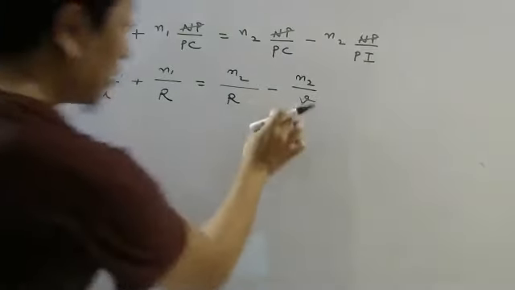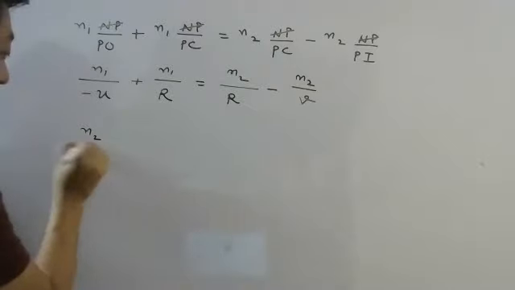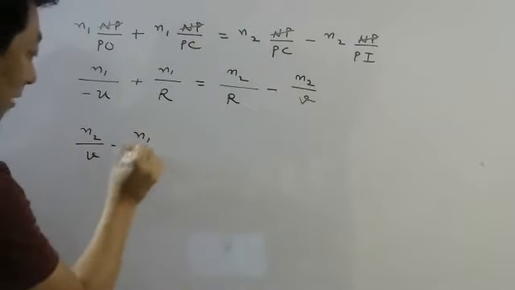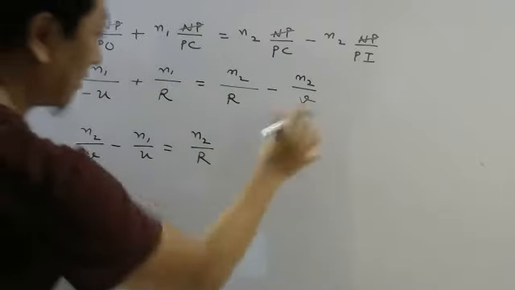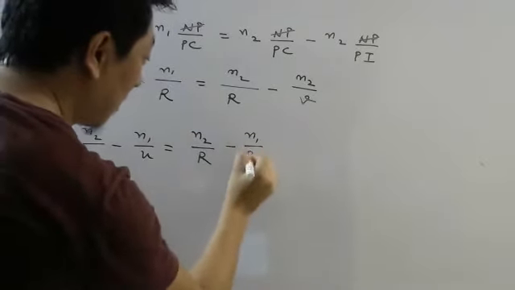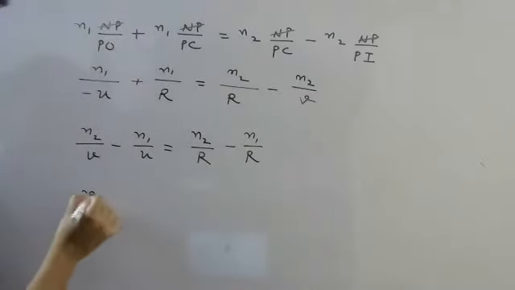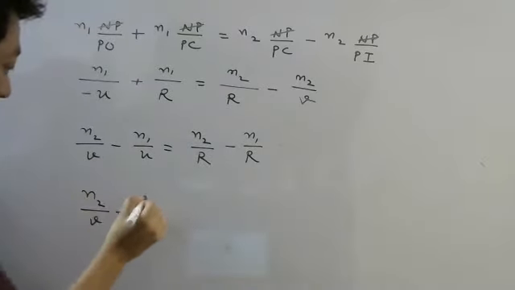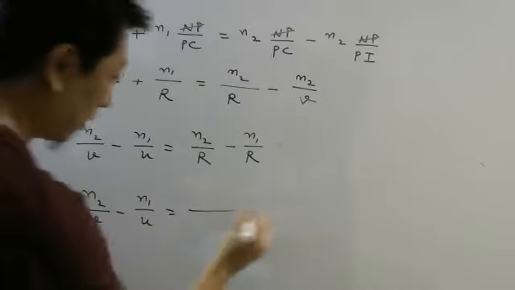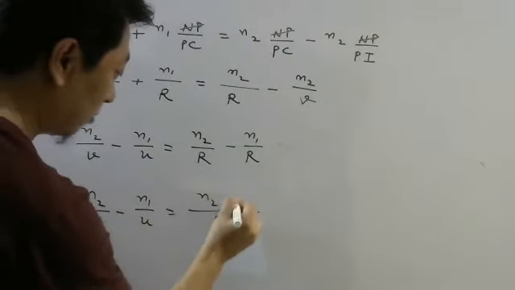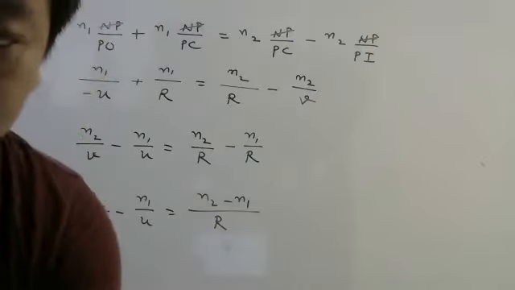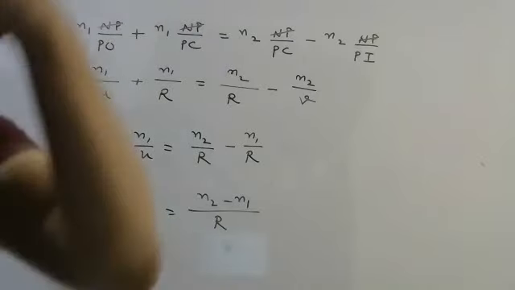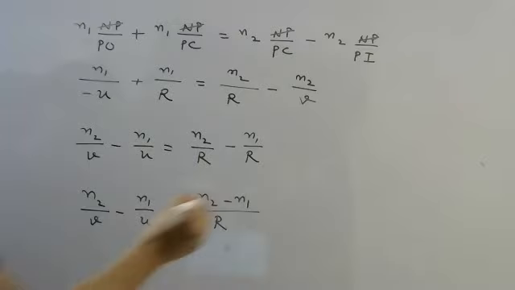So if you bring this one this side, you will get N2 by V minus N1 by U equals N2 by R. Then you take this one that side, minus N1 by R. So N2 by V minus N1 by U equals, taking the LCM, N2 minus N1 by R. Okay, so this is the simple derivation of refraction through a single spherical surface.